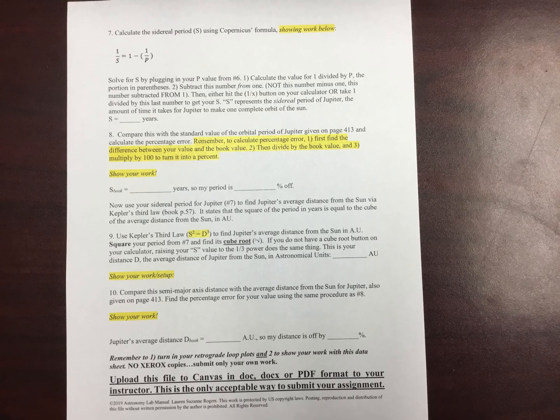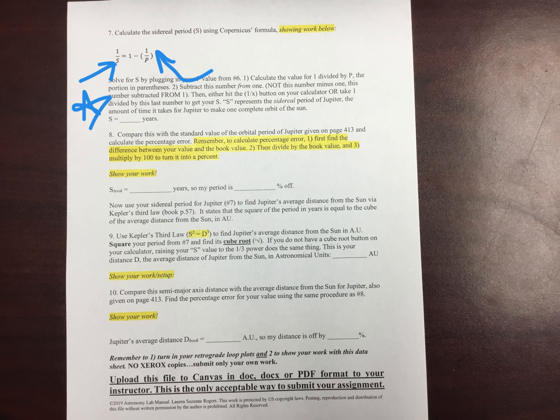You will then plug your number 6 synodic period value P in here to solve for S, the sidereal period. This part tells you how exactly to do that calculation in your calculator if you aren't very strong in algebra.